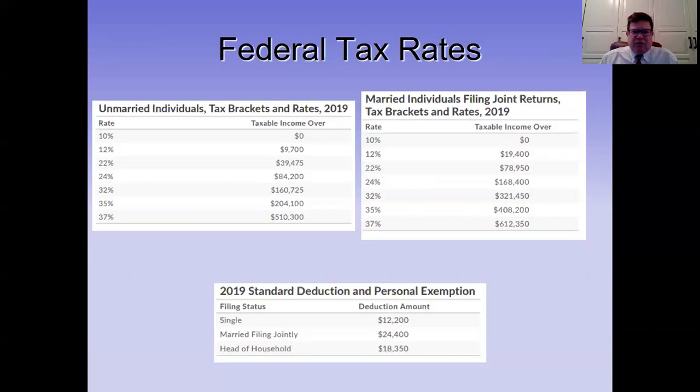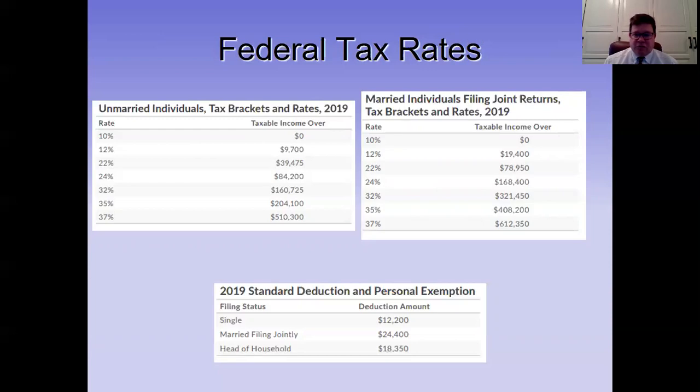So we have rates of 10, 12, 22, 24, 32, 35, and 37%. And the way that works is in a somewhat complicated formula. Each segment of your income gets taxed differently. So, for example, the 10% rate is for anything up to $9,700.